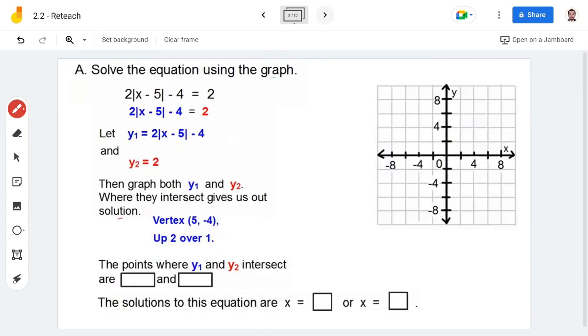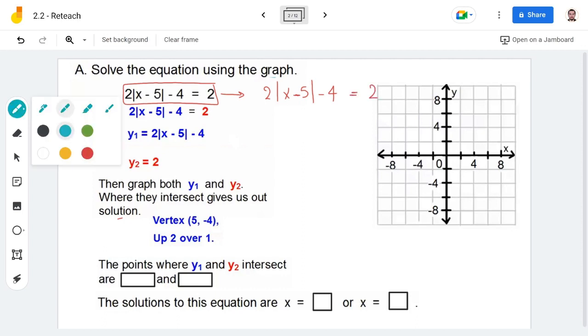Now let's start. First, let's solve the equation using the graph. Look at the equation here, which is 2 absolute value x minus 5 minus 4 equal 2. Let's take it beside here and analyze it. My equation is 2 absolute value of x minus 5, minus 4, and all of that is equal to 2.